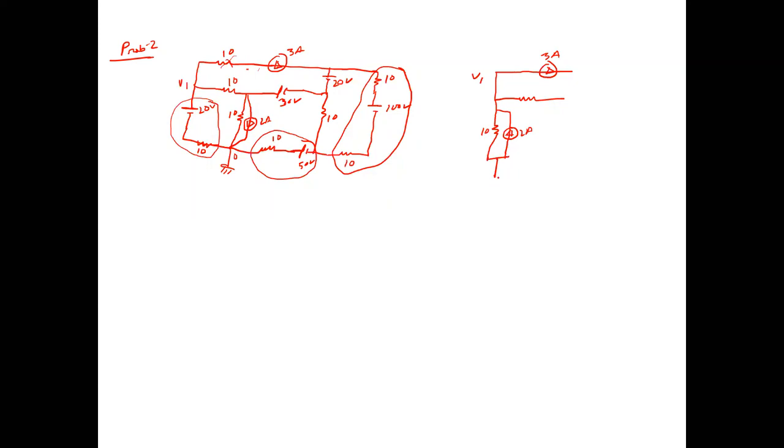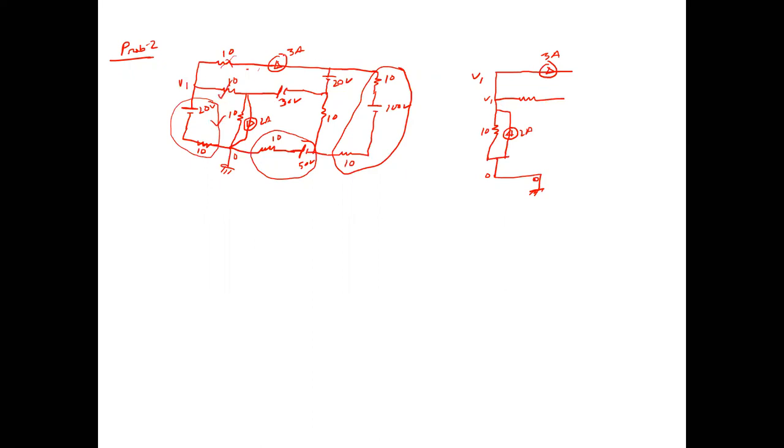Okay, this portion is ground, because this is the 0, so this portion is ground 0. And this is also V1. This is 0. Okay, this part is finished, this part finished, this finished.